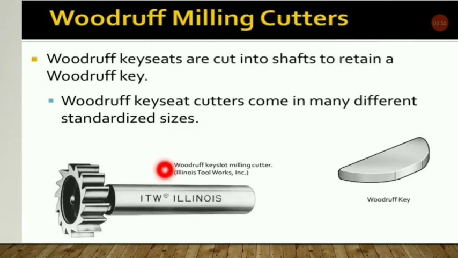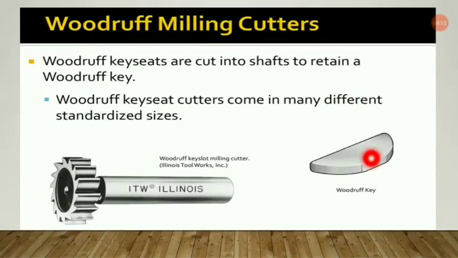This Woodruff key slot milling cutter is mainly used for cutting the key slots in different machines. This is a very widely used and popular Woodruff milling cutter. This is a different thing: this is a Woodruff key and this is the Woodruff cutter.